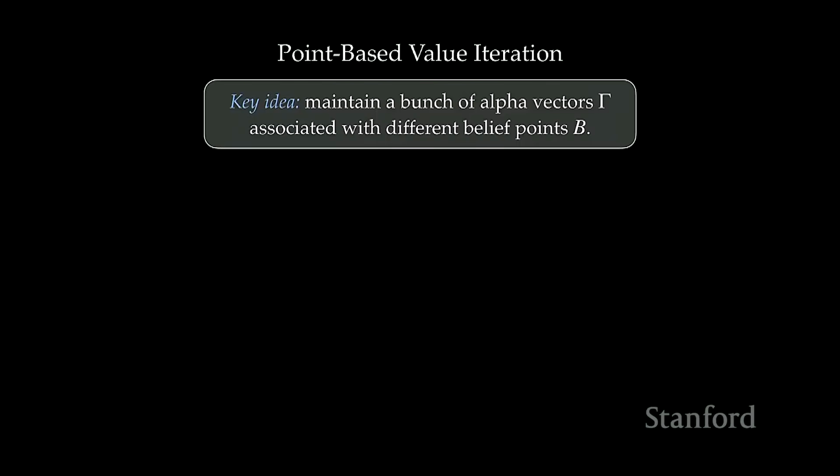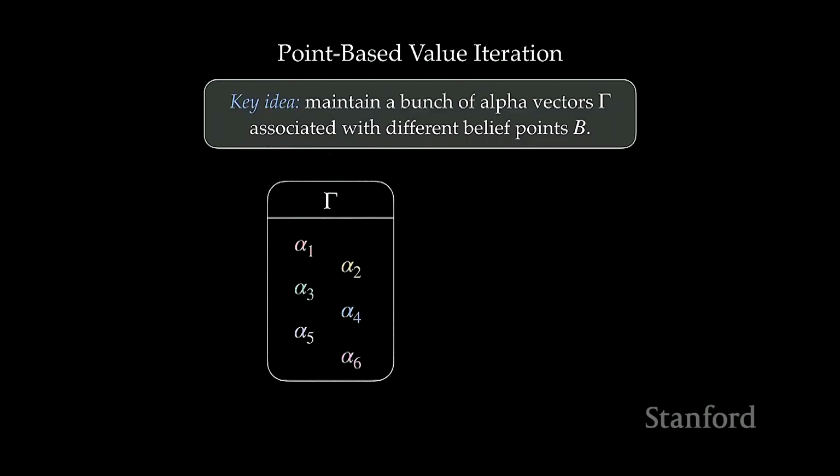All right. So the key idea with point-based value iteration is that we're going to maintain a bunch of alpha vectors in this group that we call capital gamma. And each of these alpha vectors is going to be associated with a different point in our belief space, and we'll keep track of all of those points in this set we call B. Okay, so just visually, we have this set gamma, and it just has a bunch of different alpha vectors in it for now.